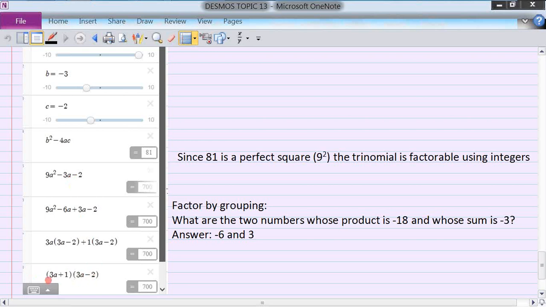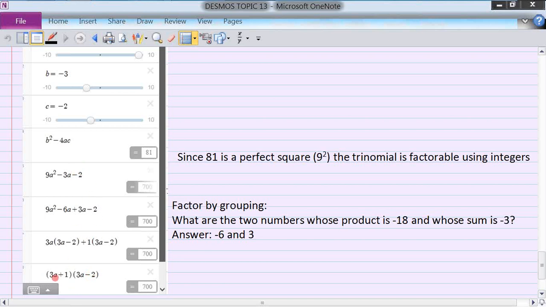Now you could have used the FOIL method also. 3a times 3a gives you 9a squared, plus 3a minus 6a gives you minus 3a as the middle term, and plus 1 times minus 2 gives you minus 2.